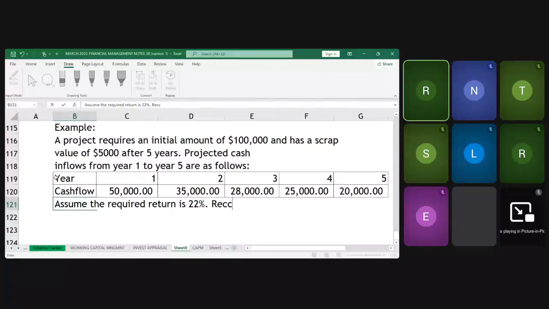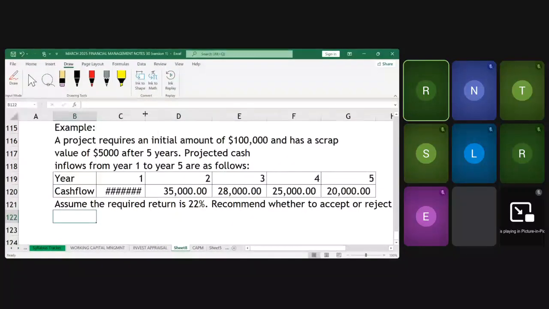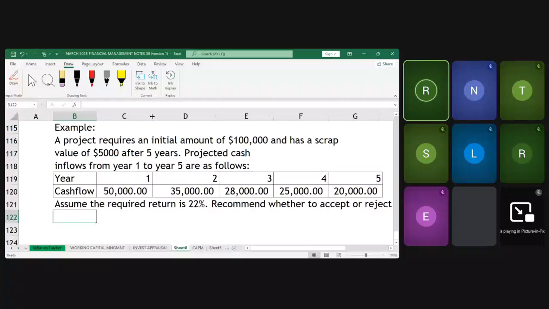Recommend whether to accept or reject. We have a project, and this project is going to run for 5 years, and these are the cash inflows. Our initial investment is that one.